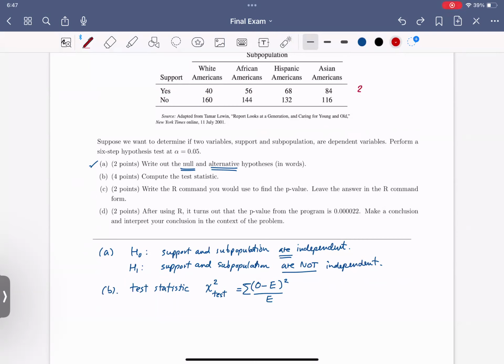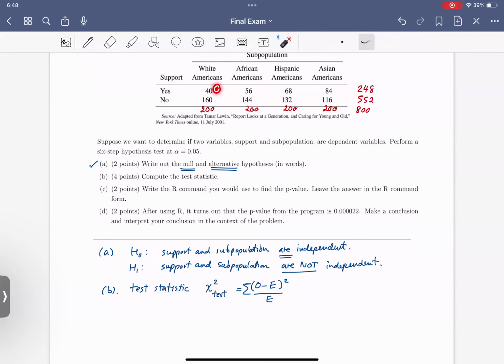So it's 248 on the top, and this is 200, this is 200, this is 200, this is 200, 800 in total. And you can do 800 subtract 248. So that means 552 is going to be there. And then this is your row sums and column sums. You already did it.